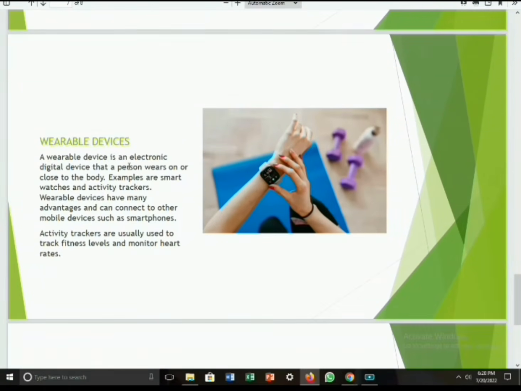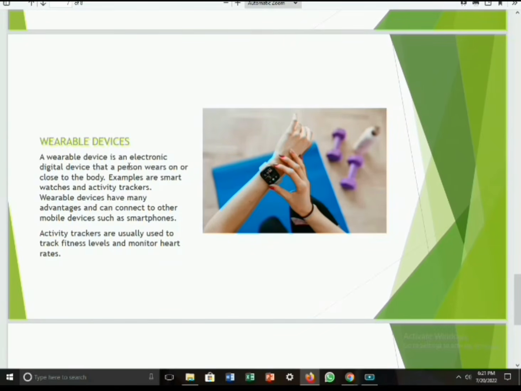And then wearable devices. A wearable device is an electronic digital device that a person wears on or close to the body. Examples are smartwatches and activity trackers, and actually these are quite famous nowadays. Wearable devices have many advantages and can connect to other mobile devices such as smartphones.